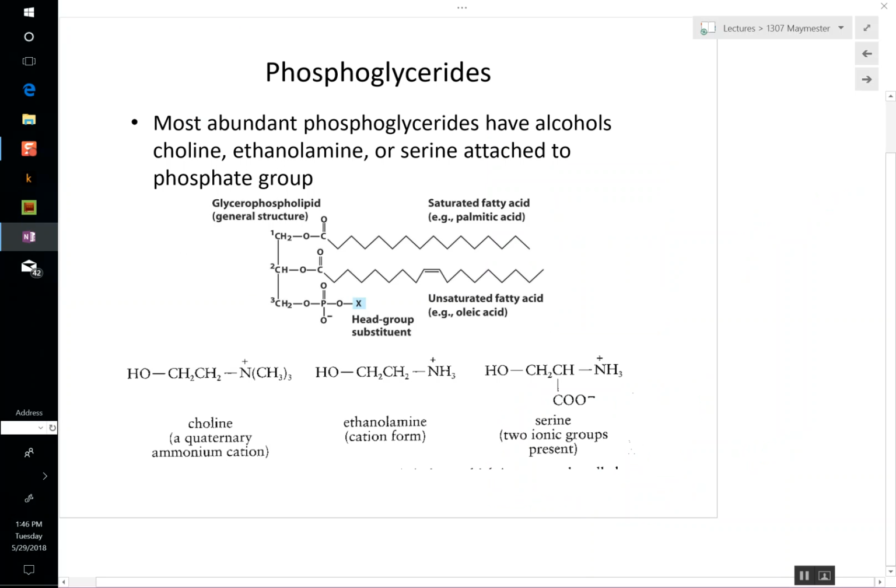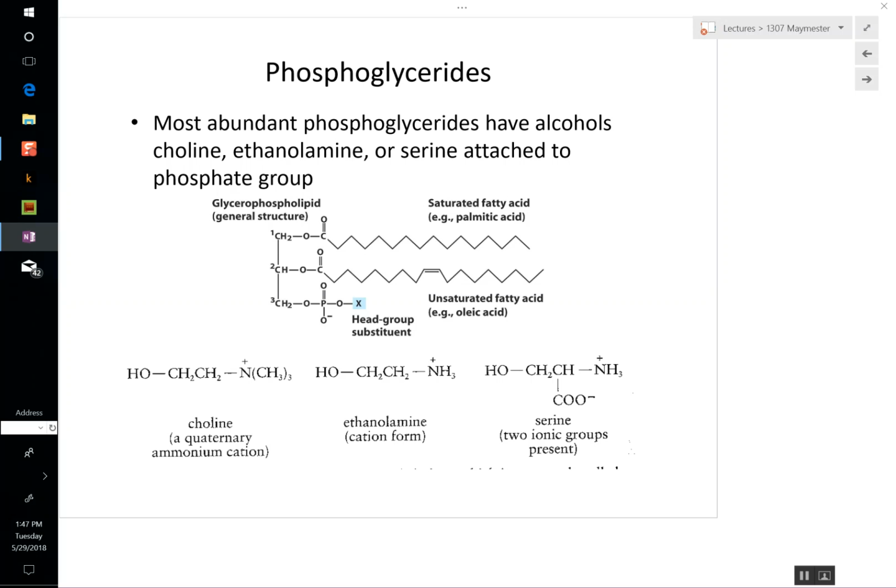All right, so here's an example. Here's your glycerol backbone. Here's a fatty acid, palmitic. Here's an unsaturated fatty acid, let's say oleic. And then you're going to have a phosphate group linked over here to this last 3rd carbon. And here's your phosphate of phosphorus with 4 oxygens around it.